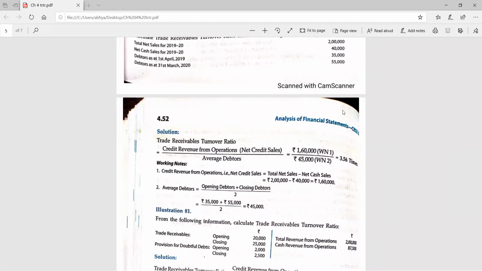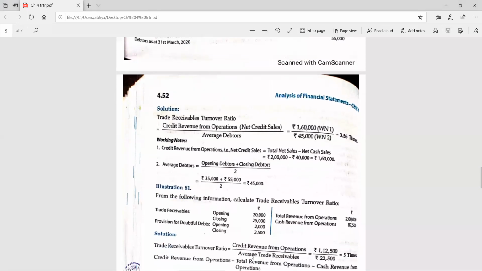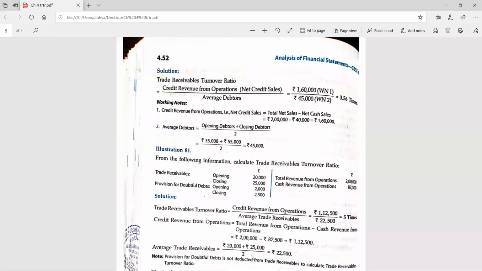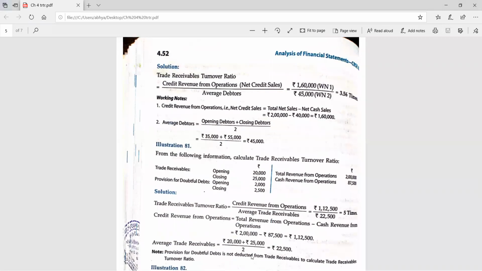Okay, give me the answer. I am waiting for your answer. Cash revenue from operations is 87,500. So first of all, we have to find out credit revenue from operations. Credit revenue from operations means total revenue from operations minus cash revenue, which is equal to 2 lakh minus 87,500. Yes, everyone is giving me the correct answer. Very good, students.